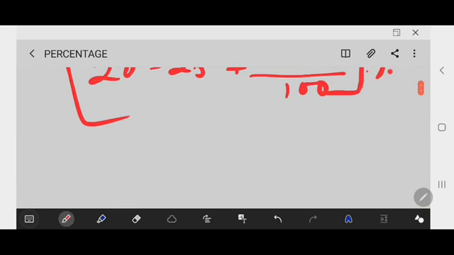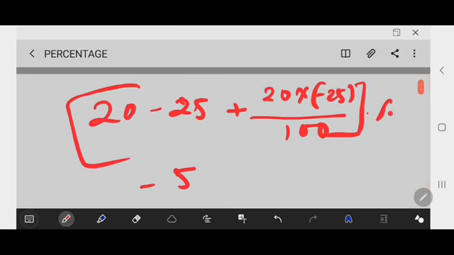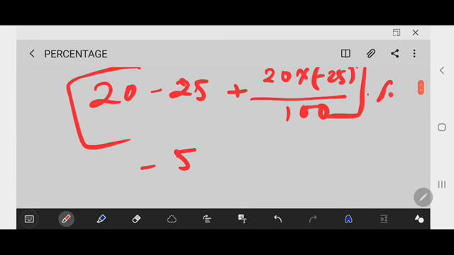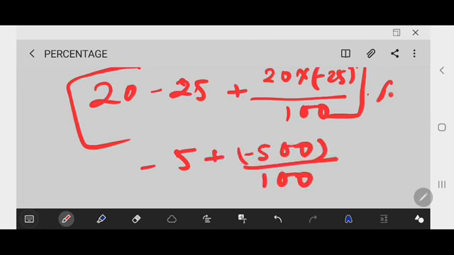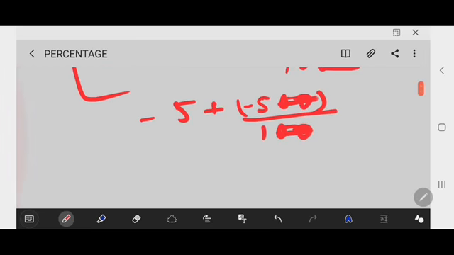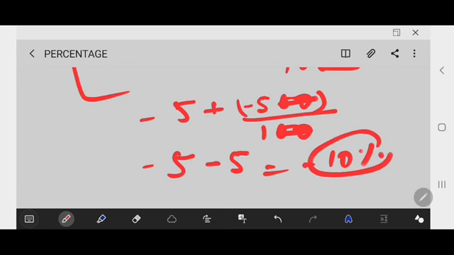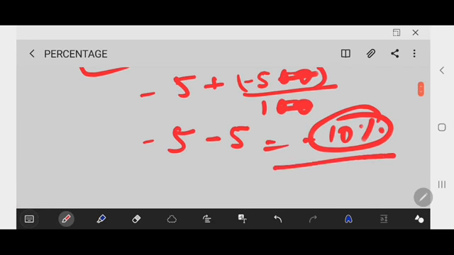So it is minus 5%, and here 25 into 20 is 500, which is also minus, divided by 100 cancel, so minus 5 minus 5 equals minus 10%. The final reduction in price is minus 10%.